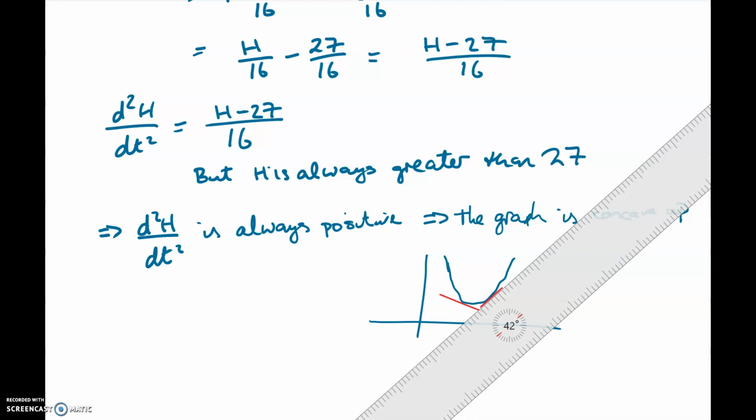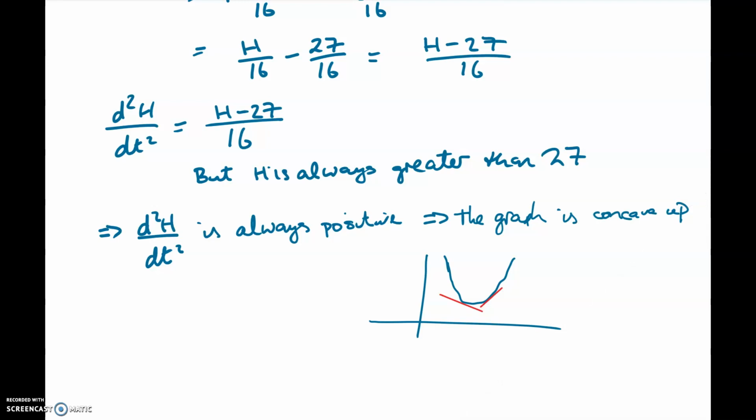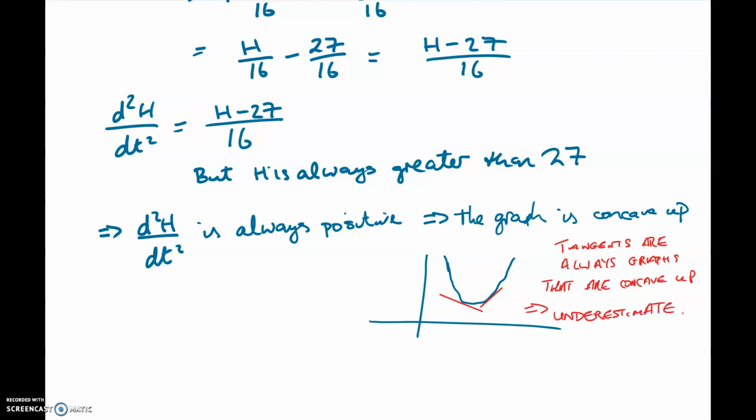So the tangent to a graph that's concave up is always below. Tangents are always below graphs that are concave up. And so that means the answer in part A was an underestimate.